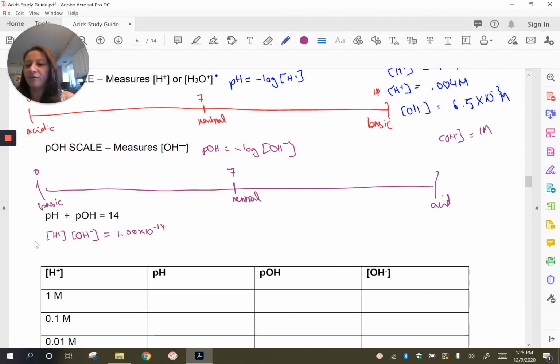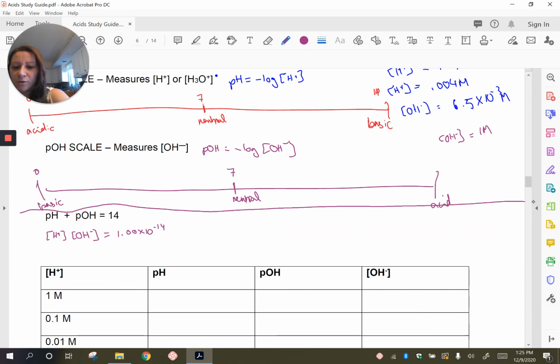If you take negative log of H plus, that's pH, negative log of OH minus, that's pOH, negative log of this number is 14. When you multiply powers, you add them, right? Or logs, I'm sorry, you add them. So pH plus pOH equals 14 comes from this equation. So these equations apply to any solution. We also know that pH is equal to negative log of H plus, pOH is equal to negative log of OH minus.